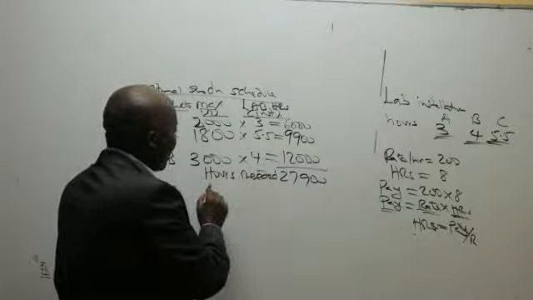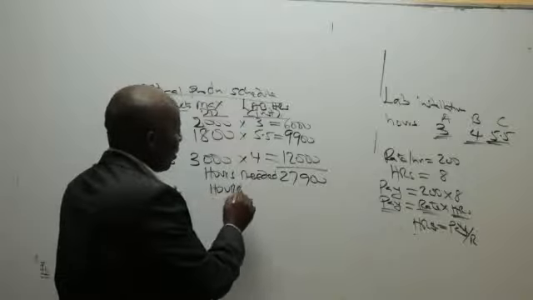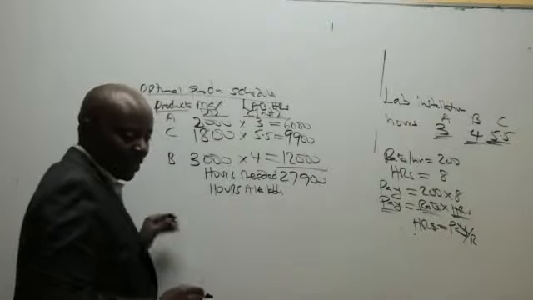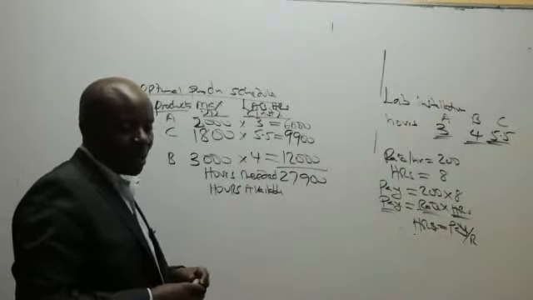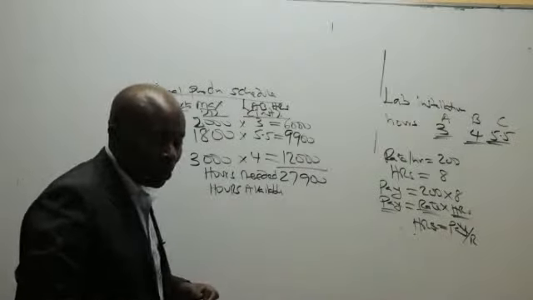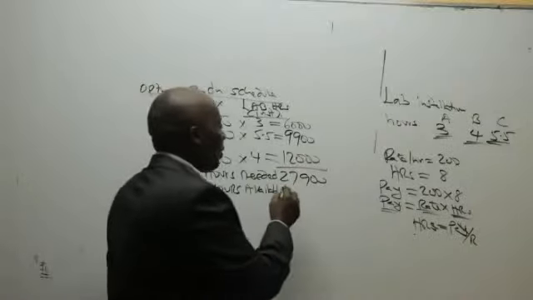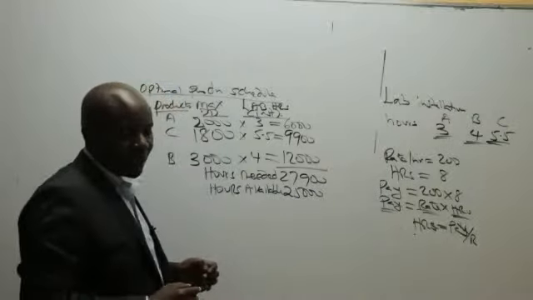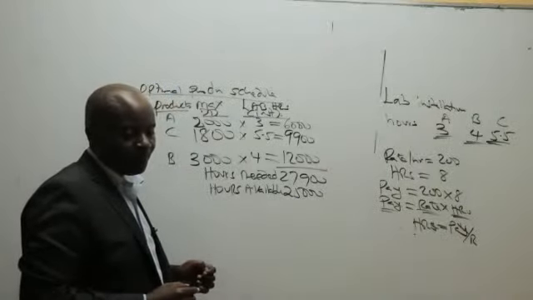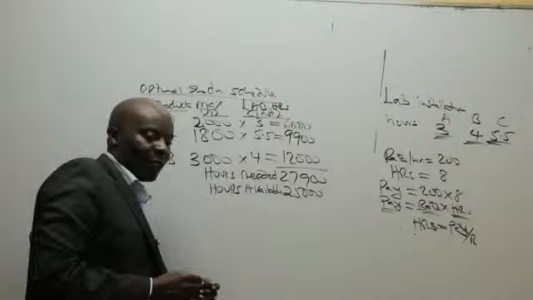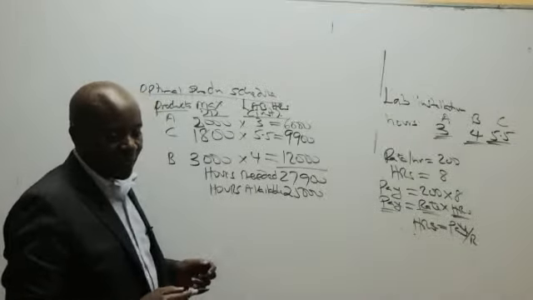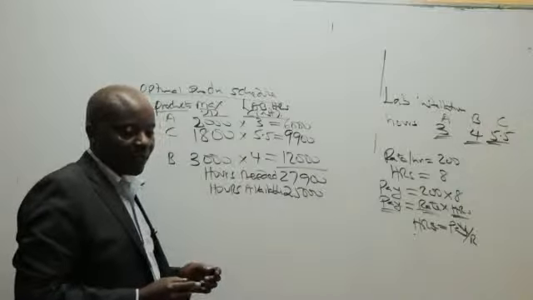And how many hours do we have available in this case? We're told in the question that the hours available were 25,000. Are you able to see some deficit?